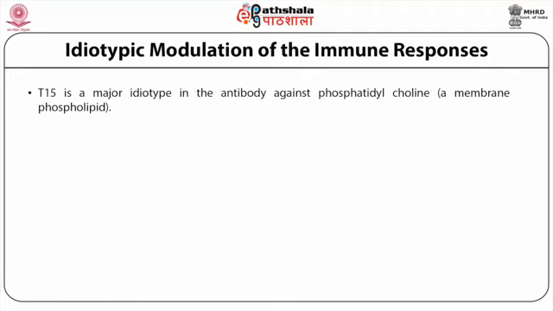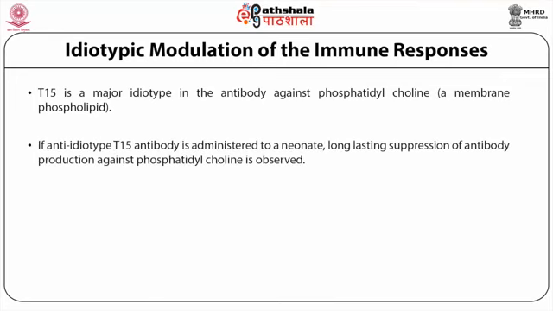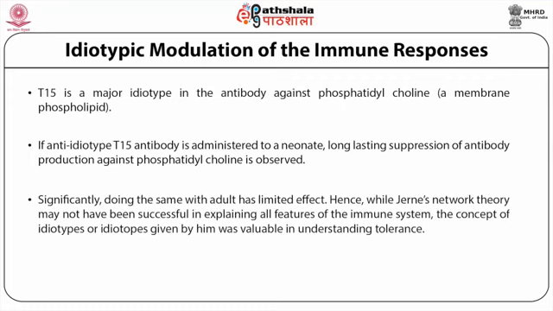T15 is a major idiotype in the antibody against phosphatidylcholine. If anti-idiotype T15 antibody is administered to a neonate, long-lasting suppression of antibody production against phosphatidylcholine is observed. Significantly, doing the same with an adult has limited effect.